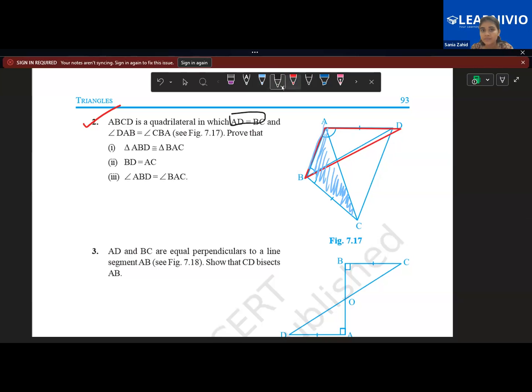Then I wrote angle DAB is equal to angle CBA, that is also given. AB is equal to AB, common side. Then triangle ABD is congruent to triangle BAC. By which congruency? SAS.